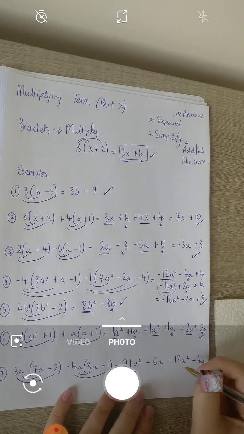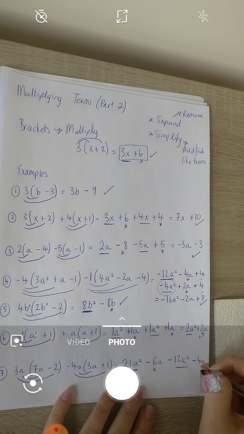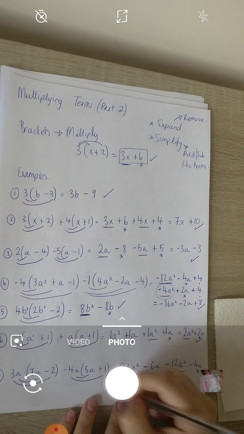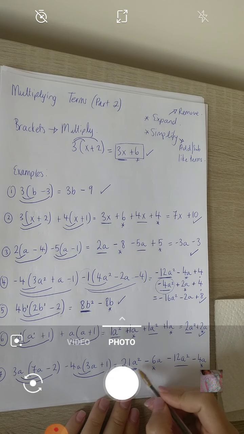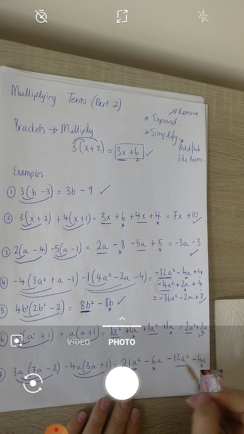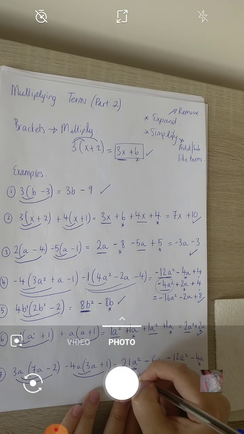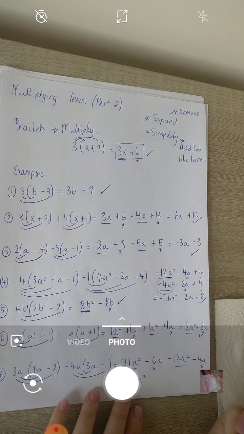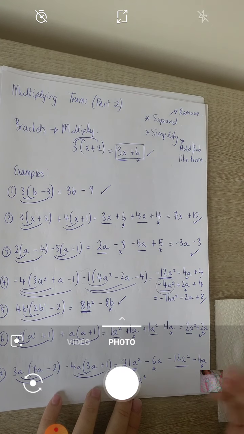We've an a squared term, an a squared term, an a term, and an a term. So we've 21a squared, okay, minus 12a squared. So 21 minus 12 is 9a squared.